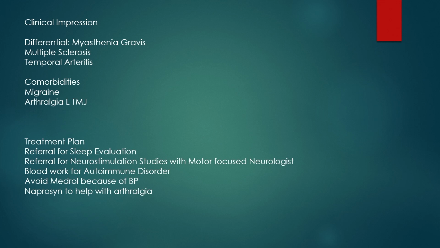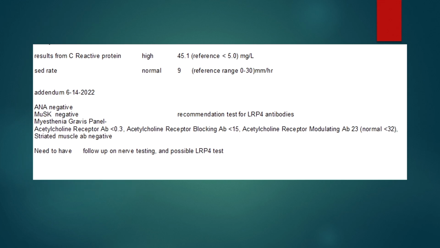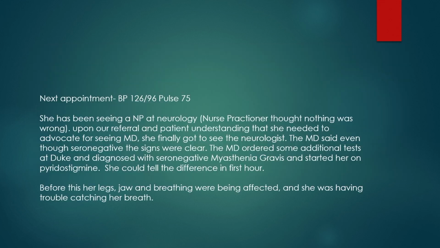Because later we found out, I also did some blood work on her, that it was an inflammatory condition. Her C-reactive protein was high, which is one of the labs that we sometimes do. But she had been seeing a nurse practitioner at the neurologist office who later we found out thought that she was maybe a little bit of a hypochondriac, exaggerating symptoms or things like that.